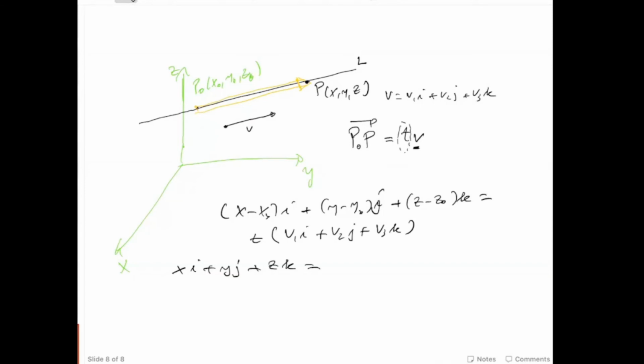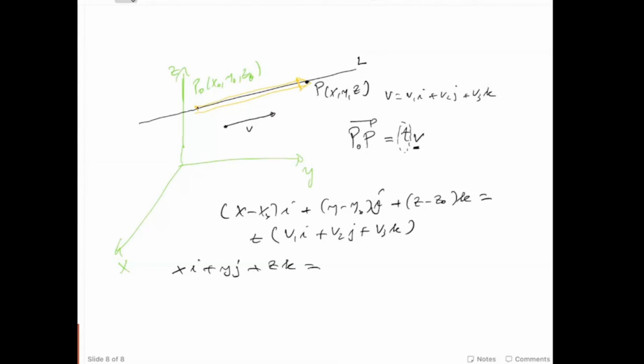If you remember, two vectors are equal to each other when they have the same magnitude and the same direction. P0P will have the same direction as V. That means they are parallel. And when we vary the position of P, we also vary the magnitude of the vector P0P.